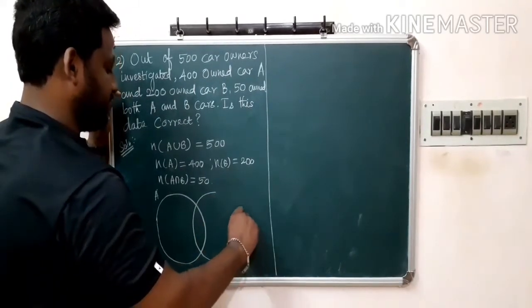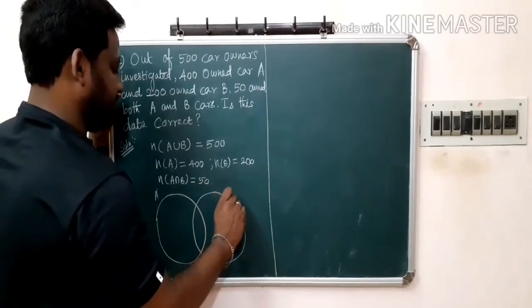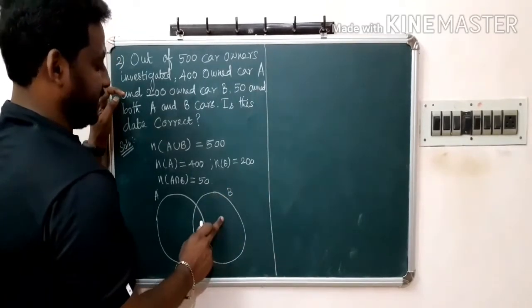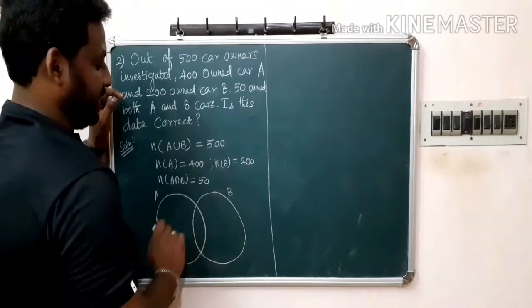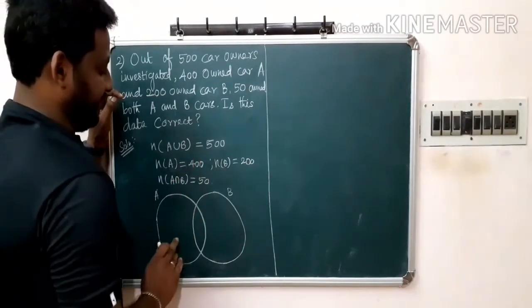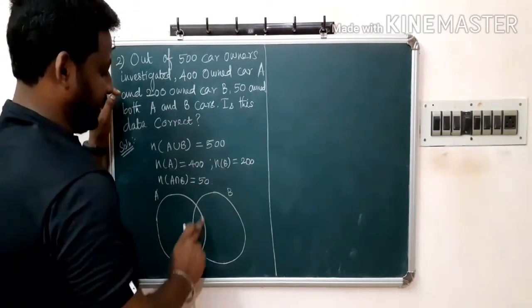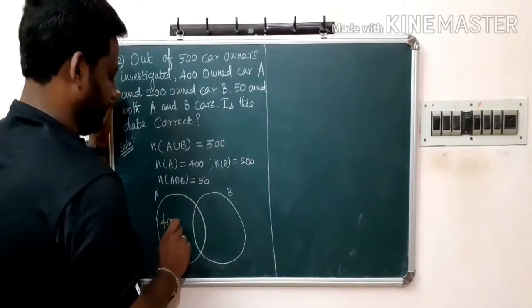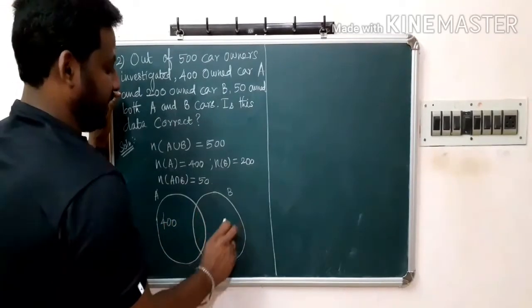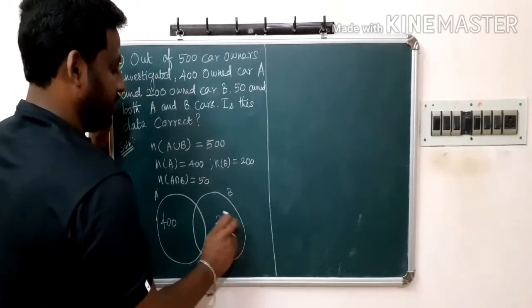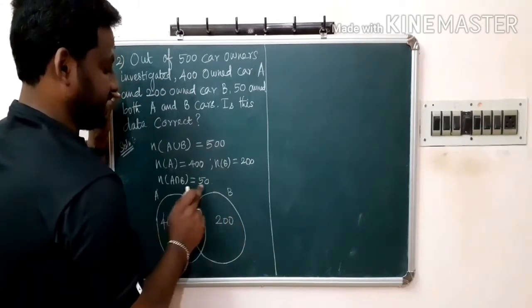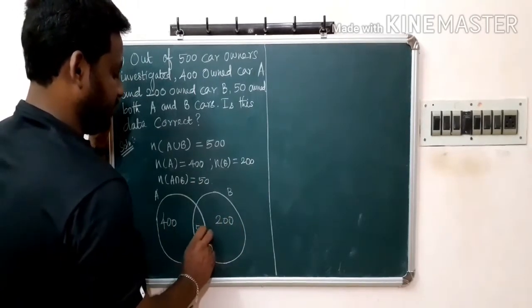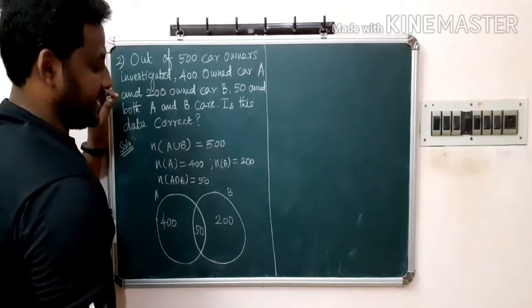Set B is that owned car B. So A union B, that is the whole set, is 500, and n of A is 400 and n of B is 200. And then how many of them in the intersection part? That is 50. So we have to check the data.